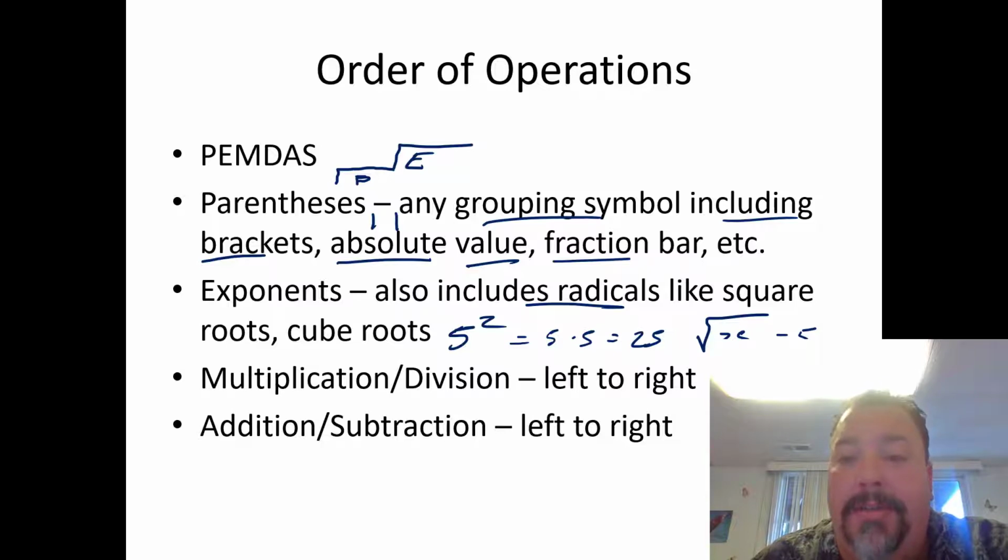Another example of exponents and roots: 2 cubed would be 2 times 2 times 2, which is 8, and the cube root of 8 is the opposite of that, which is 2. You should be familiar with these operations and where to find them on your calculator or on Desmos. I'll be pulling up Desmos to show you where you can find some of these operations.